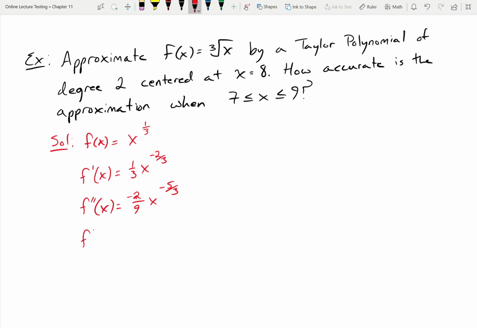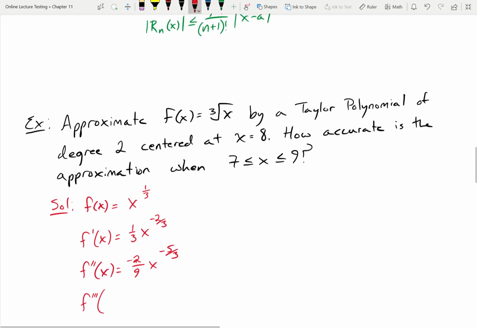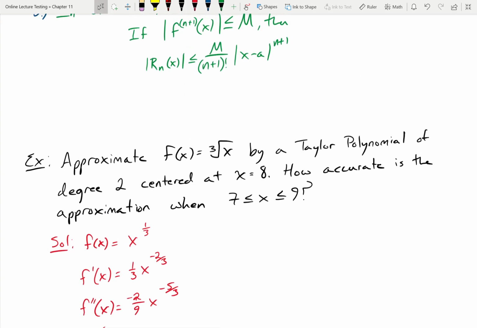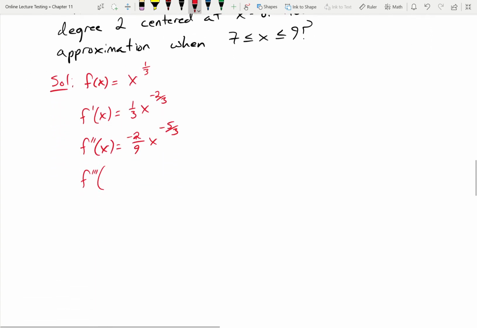And I'm actually going to go one step further. Yes, I could stop here, but if you look at Taylor's inequality, I'm going to need the nth plus 1 derivative. So if I'm looking for degree 2, might as well, since we're on a roll, find out what the third derivative is, because we're going to need that later on. We get 10/27 x to the negative 8/3.